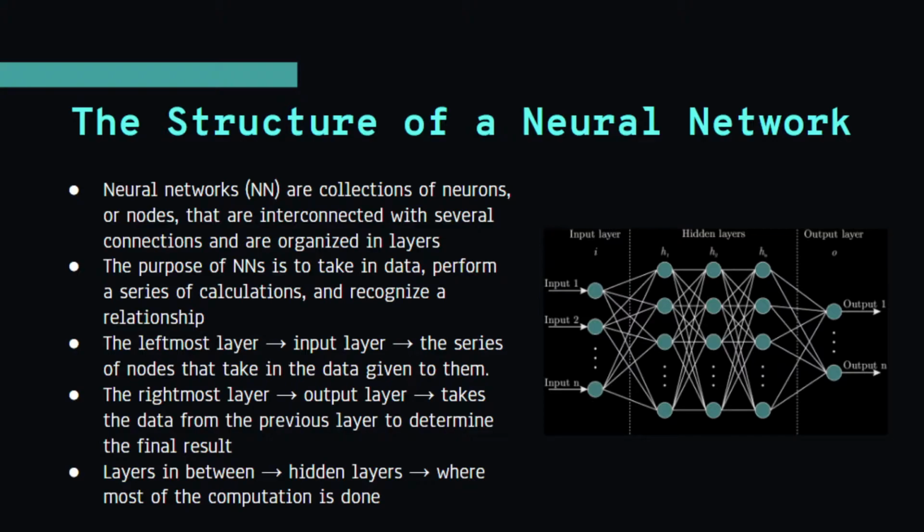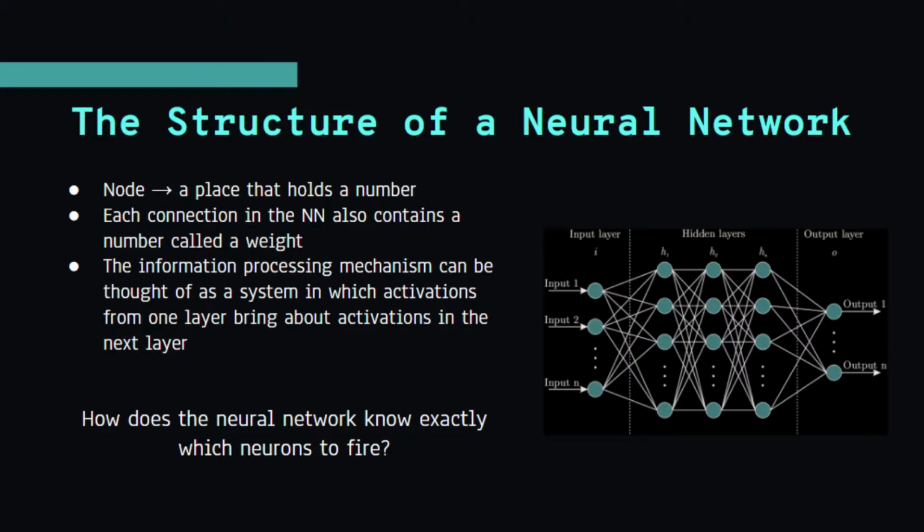I'm going to be sticking with this example of pictures of clothing just to help explain what neural networks are. For now, I want you to think about a node as a place that holds a number. Each connection in the neural network also contains a number called the weight.